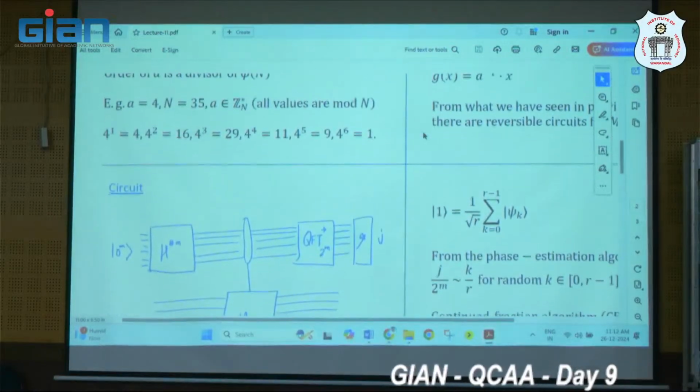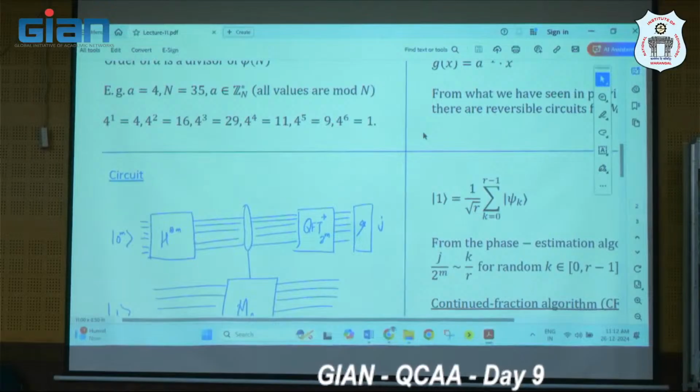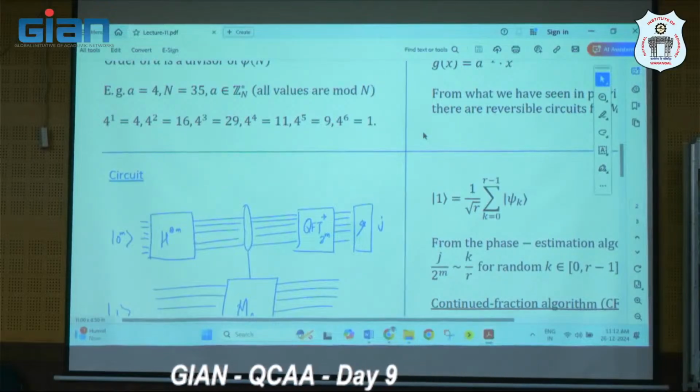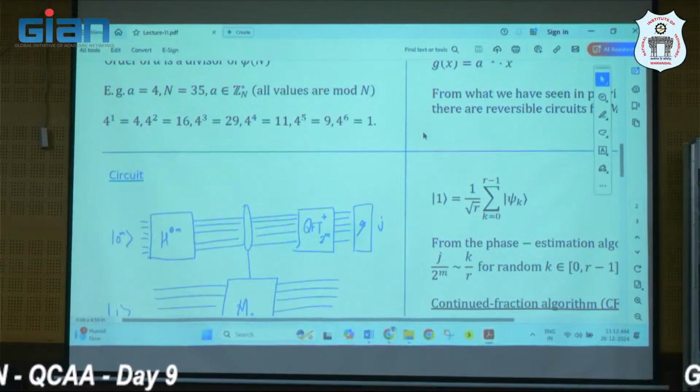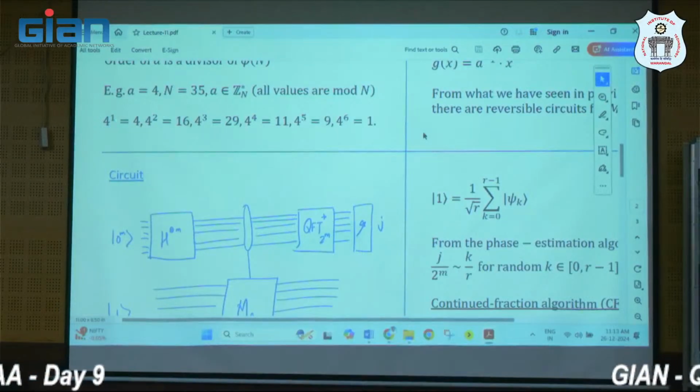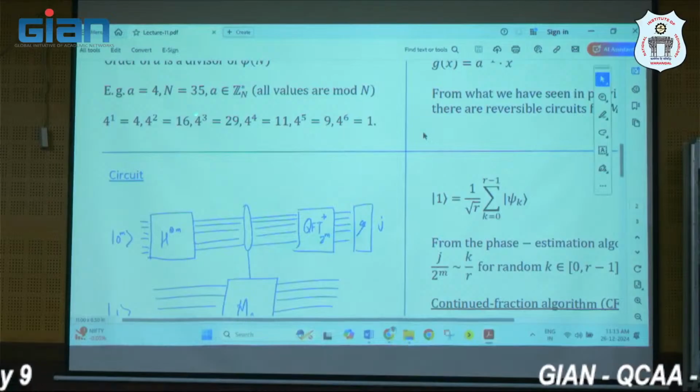All right. Let's take this example. Example. N is 35. Okay. A is 4. Is A in Z star n?